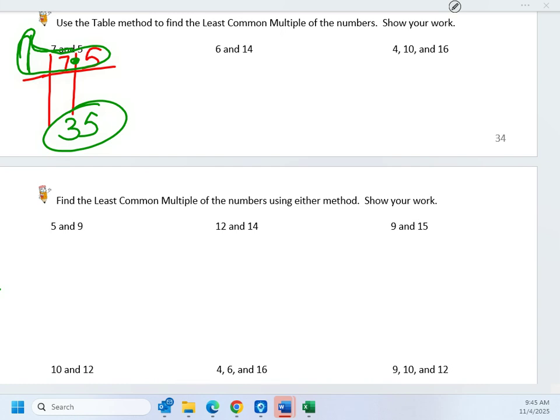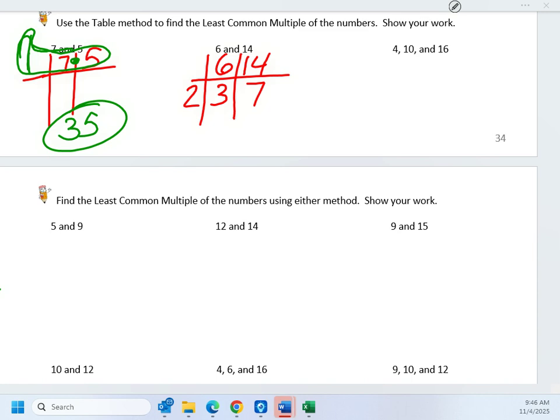Now let's look at 6 and 14. What can I divide out of 6 that I can also divide out of 14? Vinny? 2. 6 divided by 2 is 3. 14 divided by 2 is 7. Is there a number that I can divide out of 3 and 7? Rhoda?